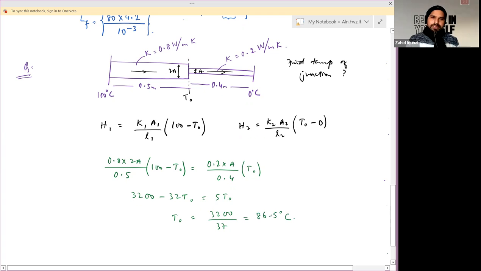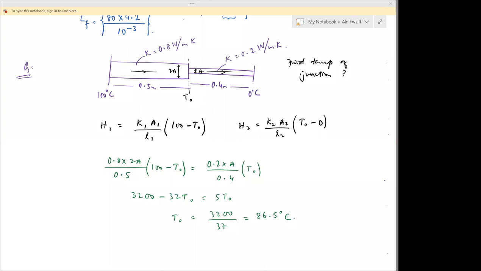I think the answer would be like this. Ifra, did you get this or something else? Sir, it was the same right now. I was just going to divide 320 by 3.7. Okay, okay.